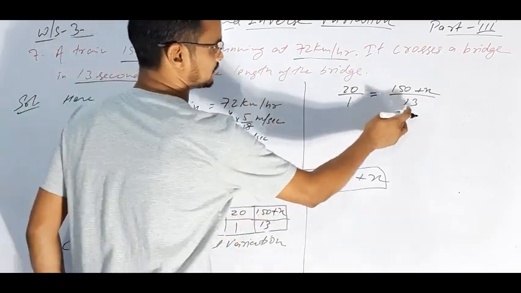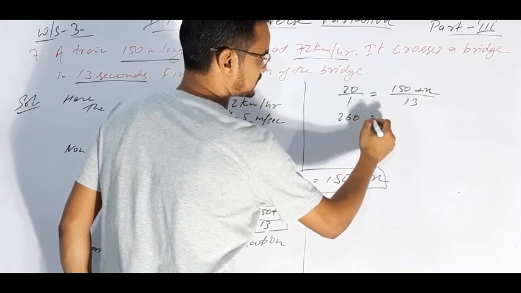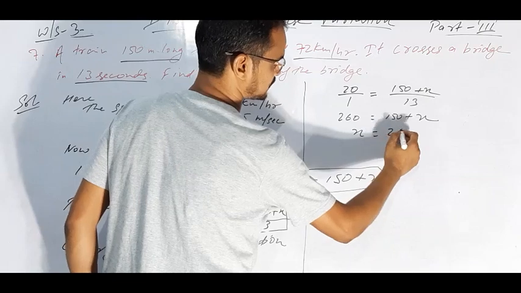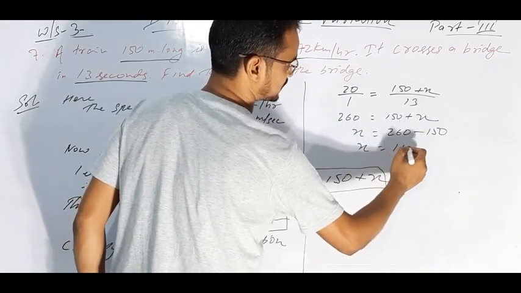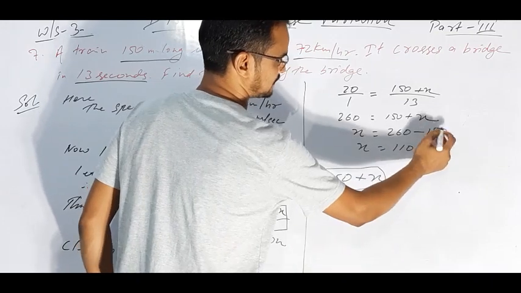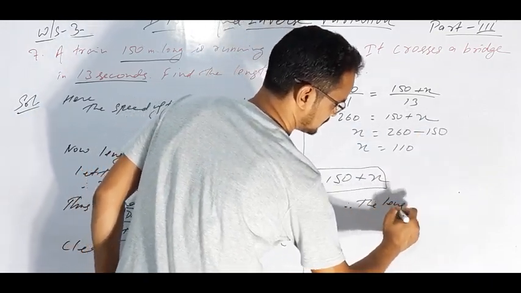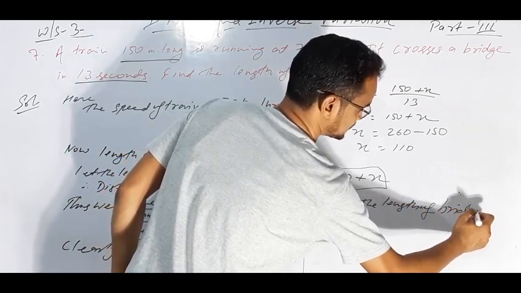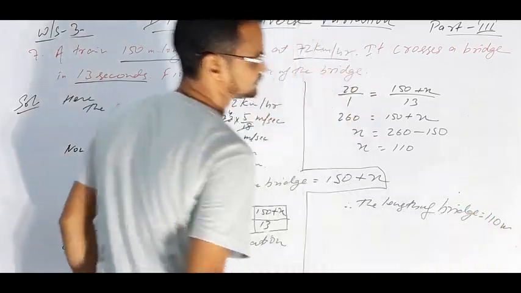Now, cross multiply: 260 is equal to 150 plus x, then x is 260 minus 150, x is equal to 110. Therefore, the length of the bridge is equal to 110 meter.